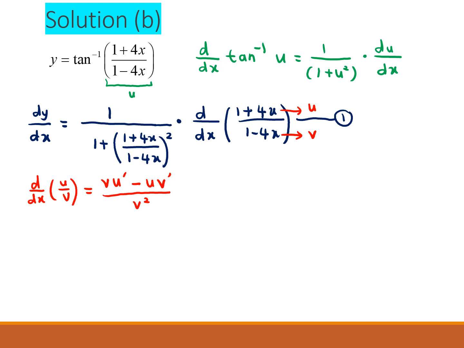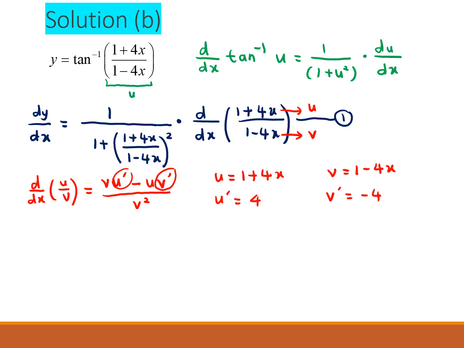So you need to find the derivative of u and the derivative of v. Okay, so I write u equals 1 plus 4x. So the derivative of u, du over dx, is equal to 4. For v, it is 1 minus 4x, and the derivative of v will be minus 4.